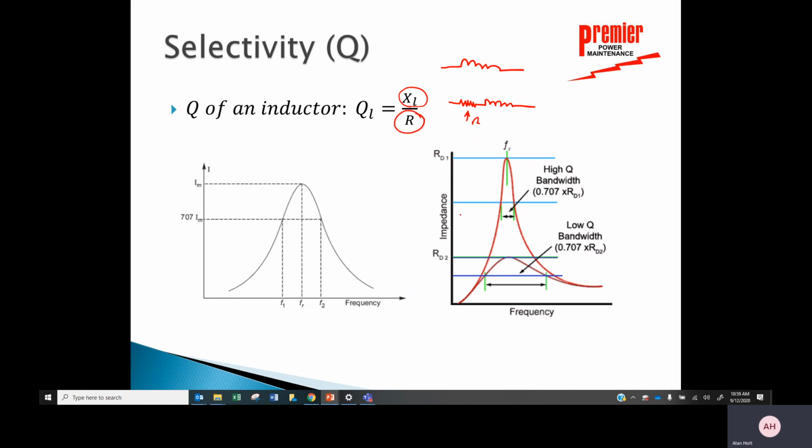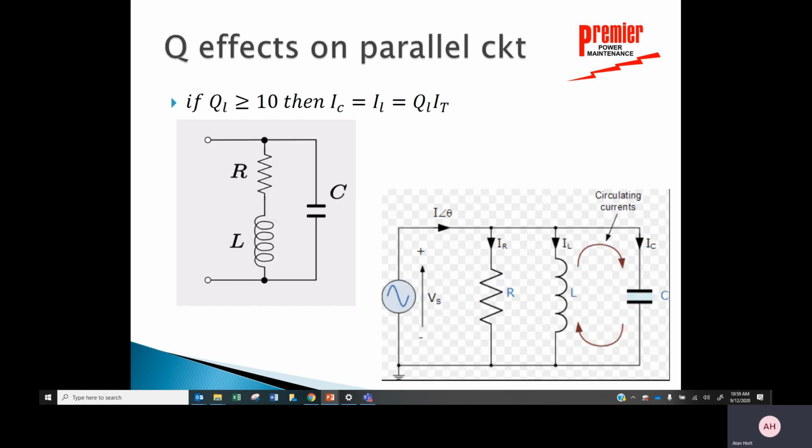And so the Q of this inductor will look very similar to this. That high Q inductor will shorten the bandwidth. It'll make it a very sharp peak, whereas if I have very, very large resistance, then it's just going to be a flat bandwidth. So it has some real impacts for me.